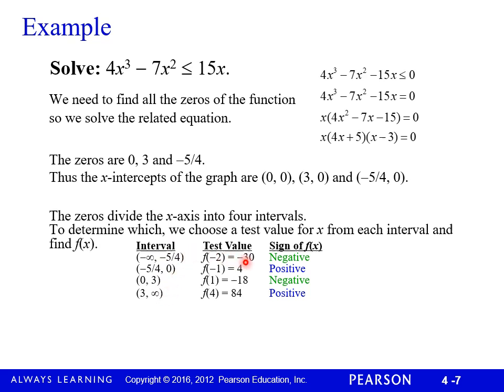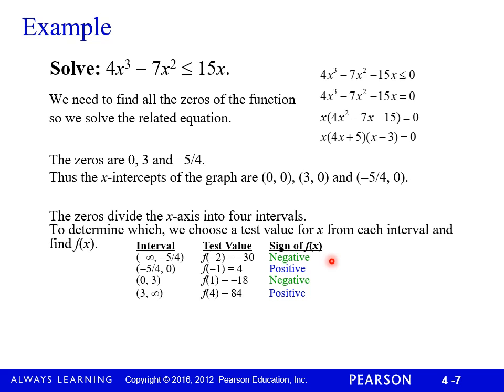We need to find a value in each interval, so we picked negative 2 in the first one and calculated the functional value. Between negative 5/4 and 0 is negative 1, so we can use that value, and we found that the function value is 4. Between 0 and 3 we picked 1, and the value is negative 18. And between 3 and infinity we picked x equals 4, and calculated the function value.